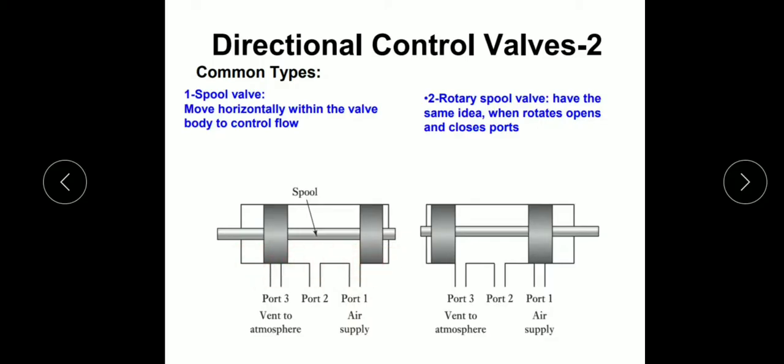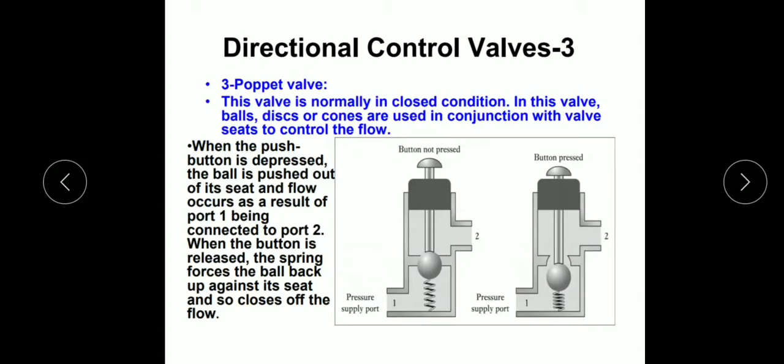In a rotary spool valve, the flow is controlled by rotation of the spool. While rotating the spool in a specific direction, the flow will be in the on condition, and while rotating again, it will be in the off condition. This is the functioning of a rotary spool valve.